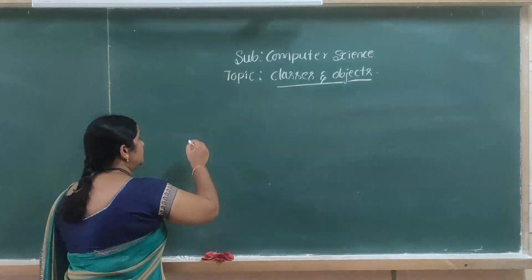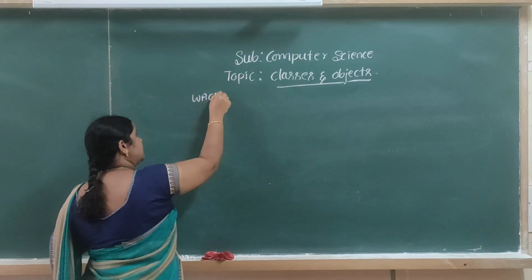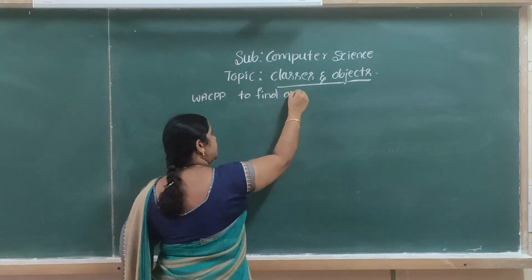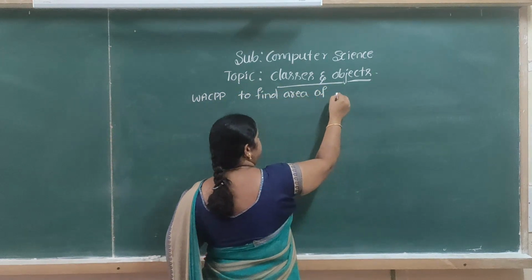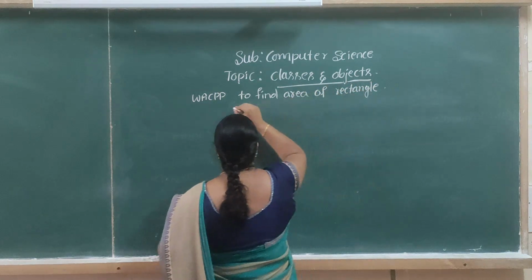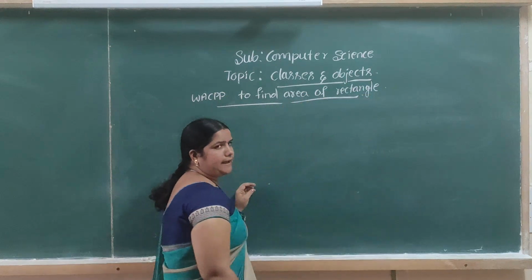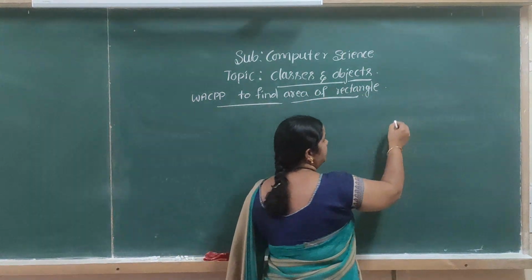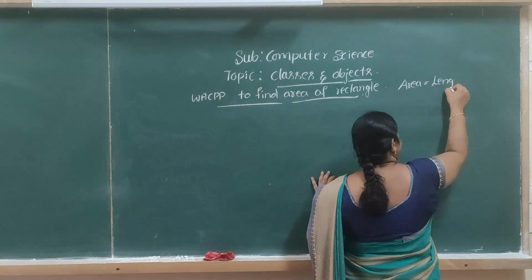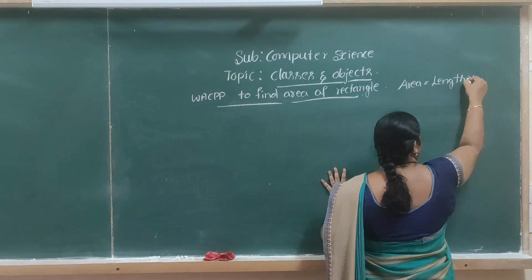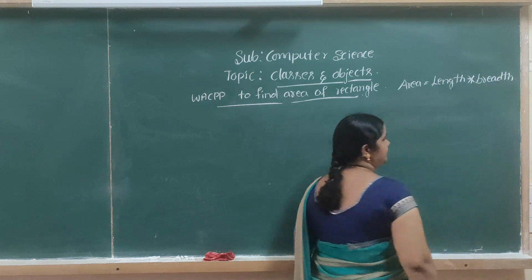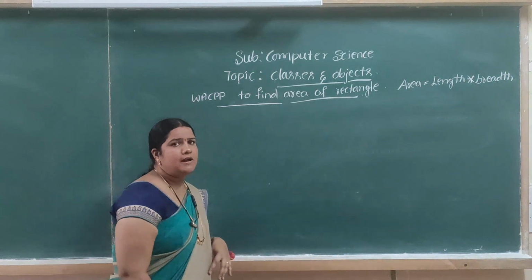First, we write the C++ program to find the area of a rectangle, using the equation area equals length into breadth. This is the equation for calculating the area of the rectangle.